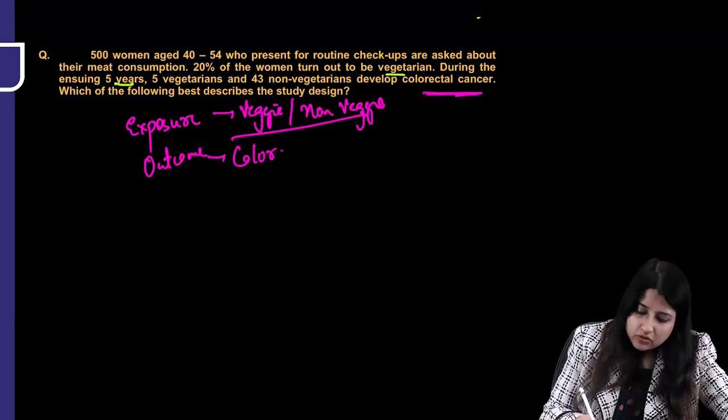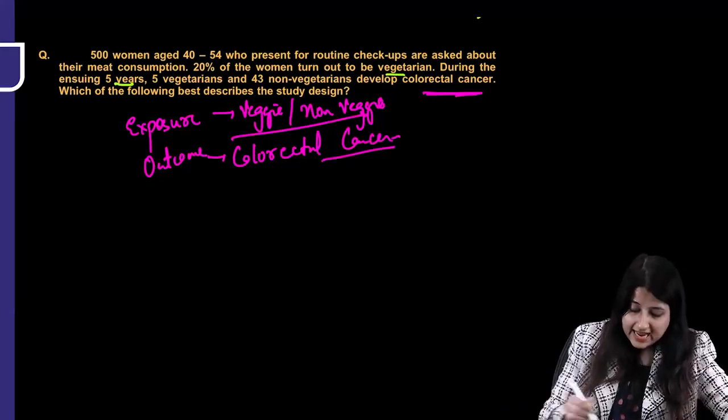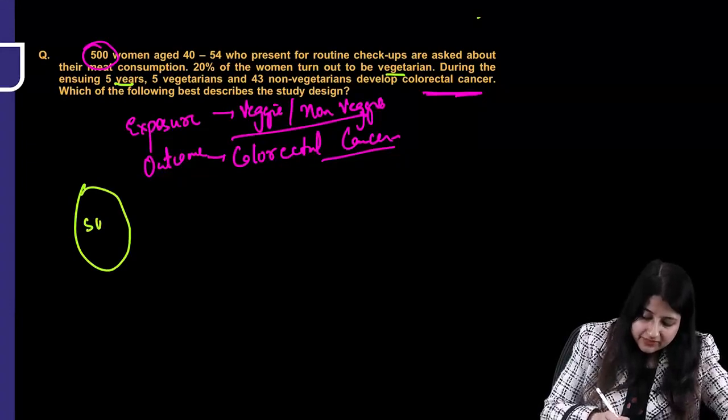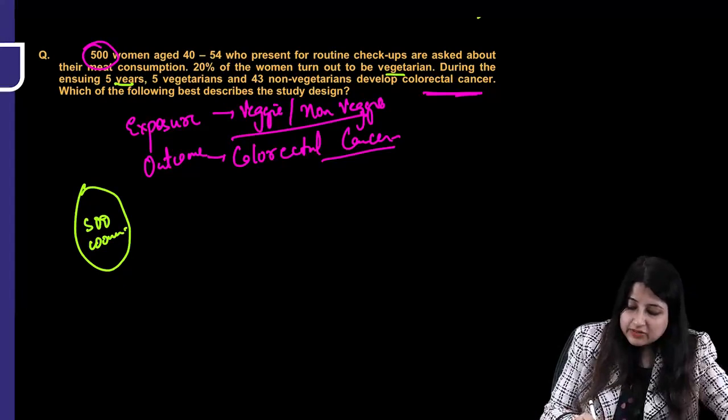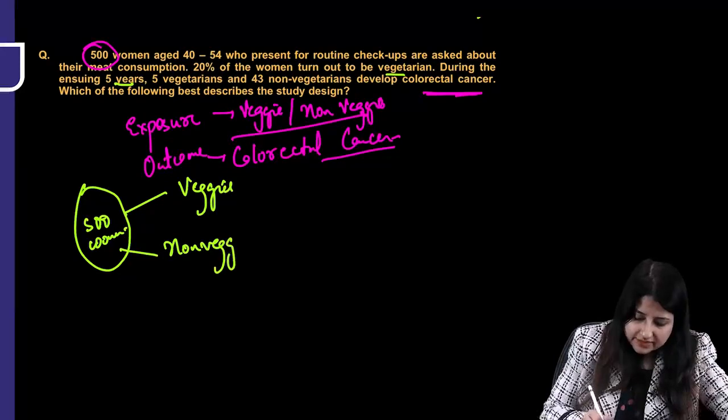We are studying colorectal cancer. Okay, and I'm starting with 500 women. So we start with 500 women who presented with a checkup, asked about their meat consumption. So this is veggies. All right, this one over here, guys, is non-veggies.